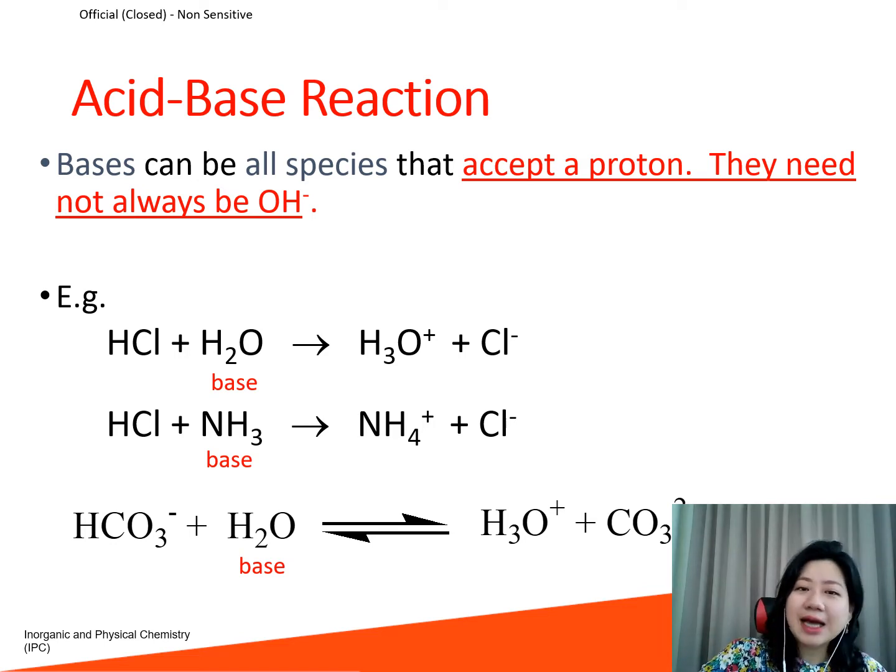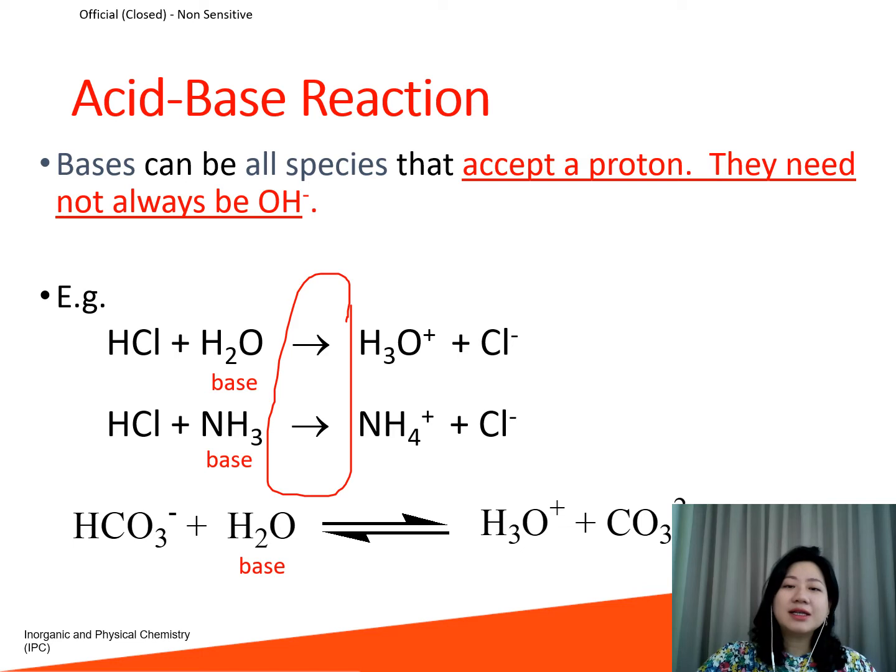There's another thing to note here. Did you realize that some of the arrows are different? In the first two chemical reactions, the arrow points in a single direction, meaning this is an irreversible reaction. HCl is a strong acid.